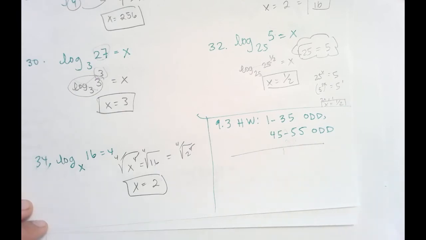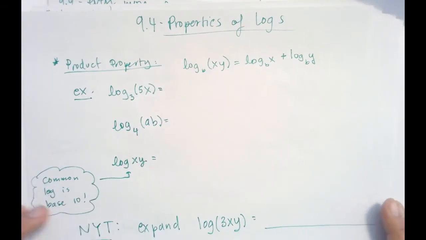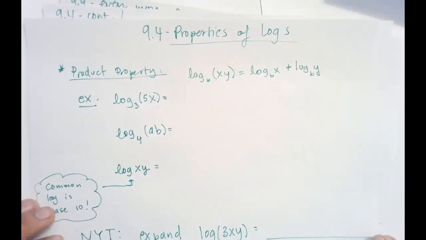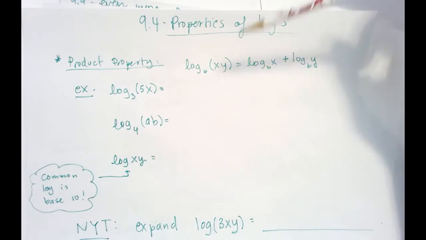Okay, we're going to move on to properties of logs. So first property we have is called the product property. Simply put, it's this.